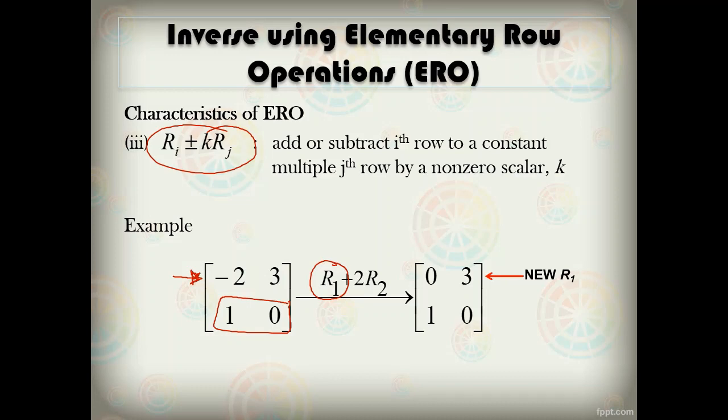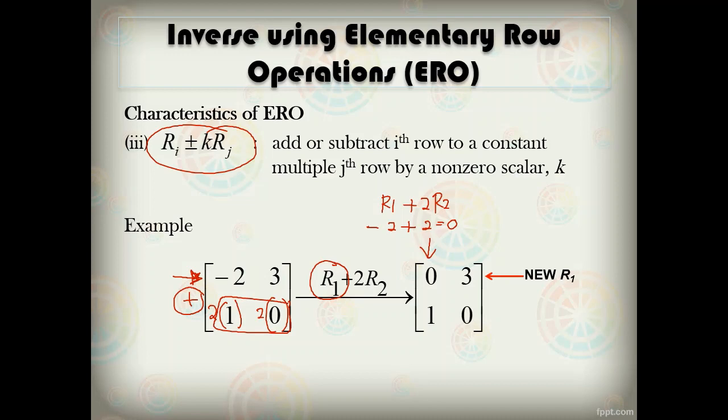So we multiply 2 to our row 2, and then we do the addition. Our first element: minus 2 plus 2 is 0, where this is row 1 and this is 2 of row 2.